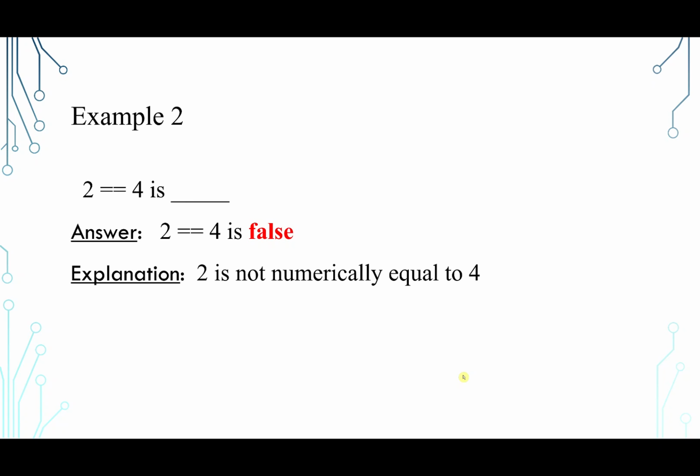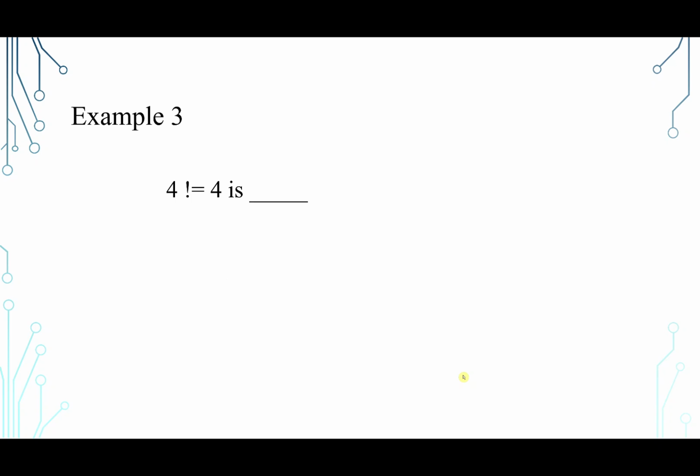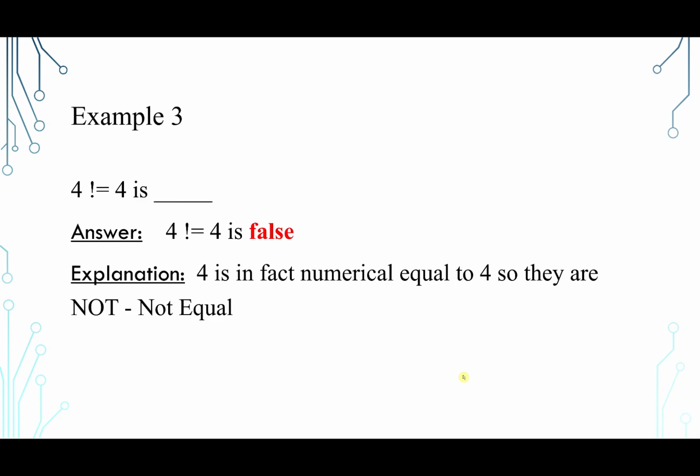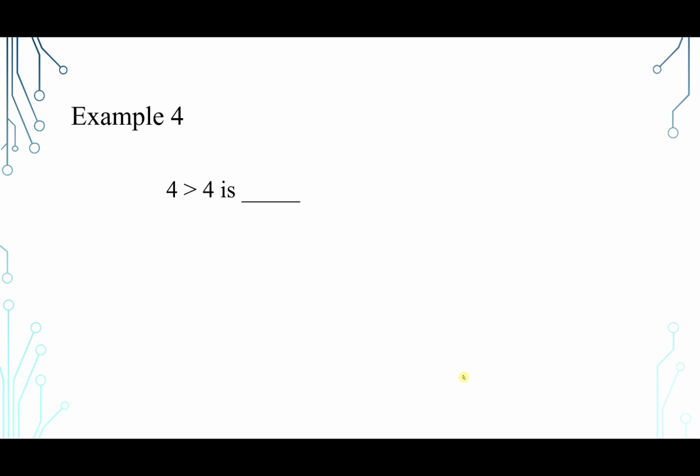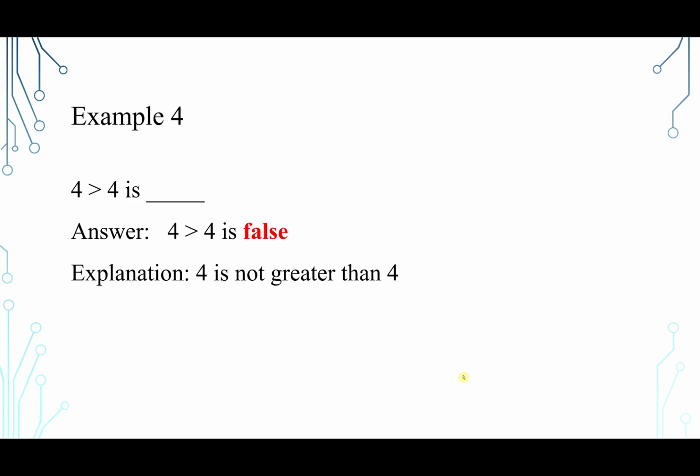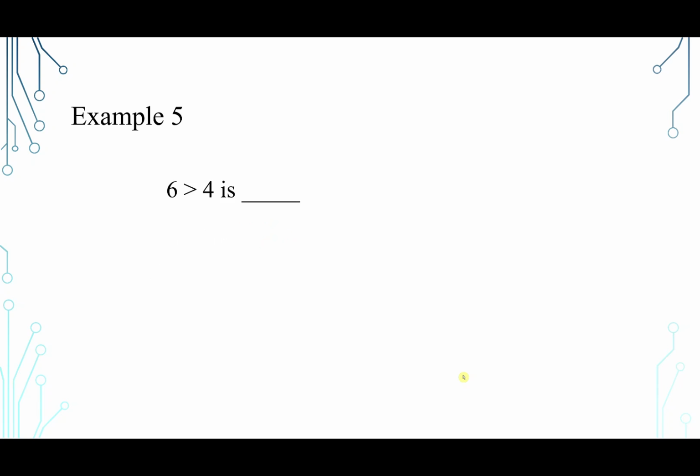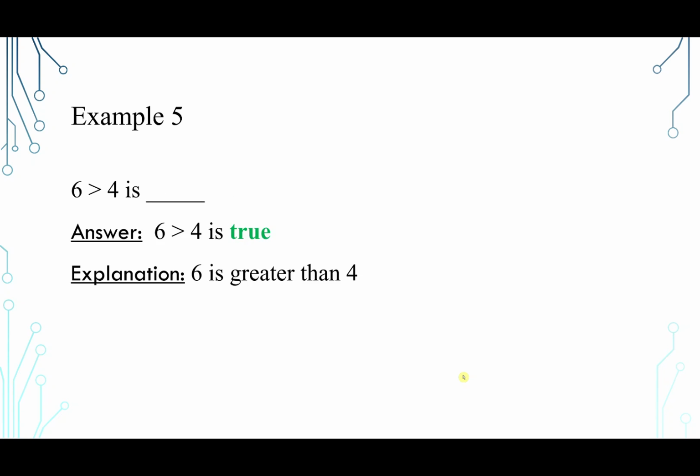False. Is 4 not equal to 4? That is false, because it is equal to 4. Is 4 greater than 4? The answer is false, because it's not greater, it's equal. Is 6 greater than 4? Yes, definitely. True.